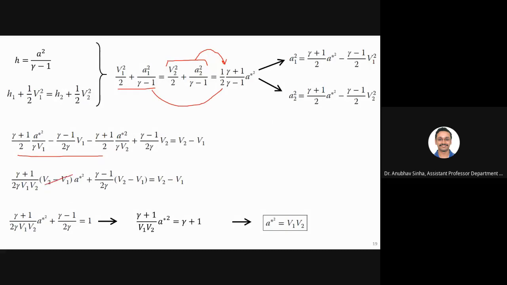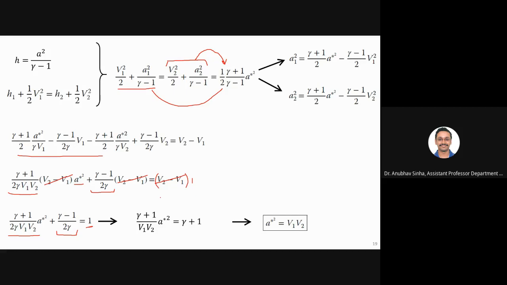If I remove the common part, this will be 1, and this term is written here with A star square. We are just cancelling this term, so it will not be 0, it will be 1. So here we get 1 for V2 plus V1.